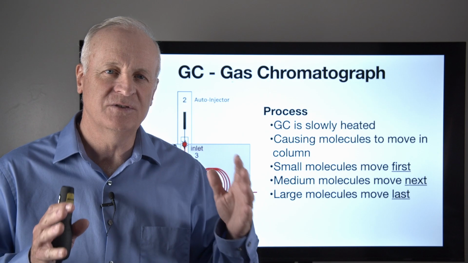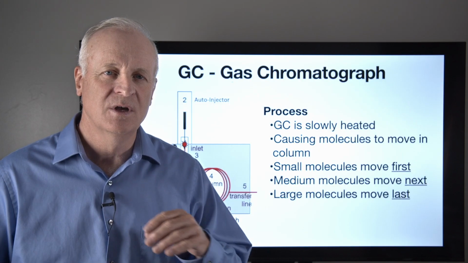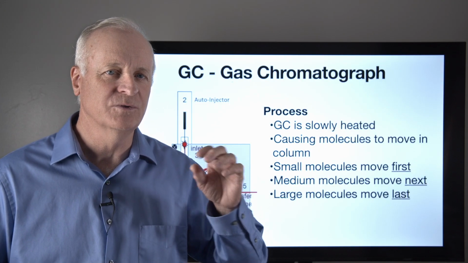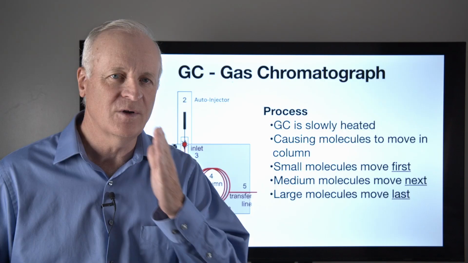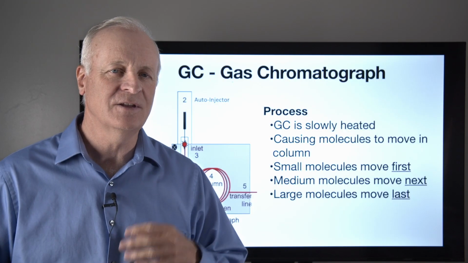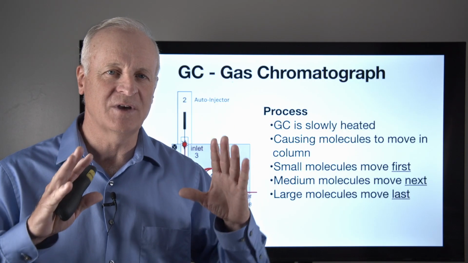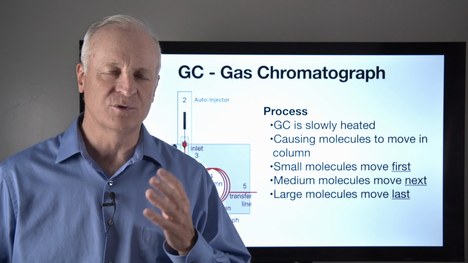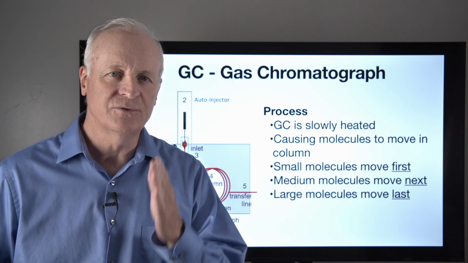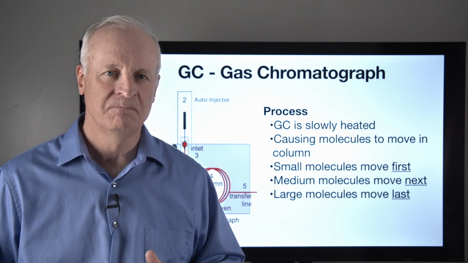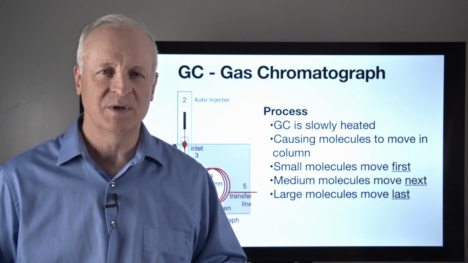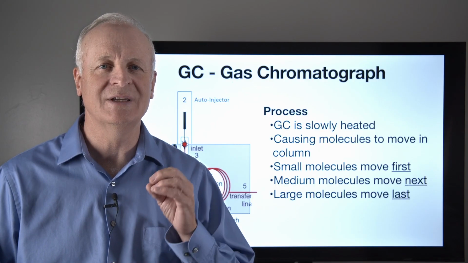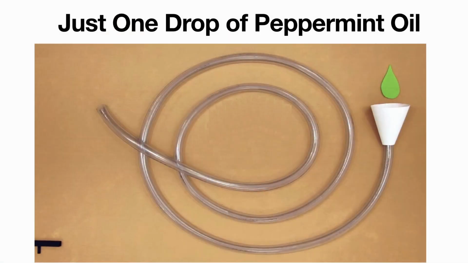Then, as the GC oven increases in temperature, the medium-sized molecules start coming out, separated from each other. And then lastly, as the oven heats up to its highest temperature, the larger molecules come out, also separating from each other. Now, this seems to be very difficult, but let me show you in a simple diagram.